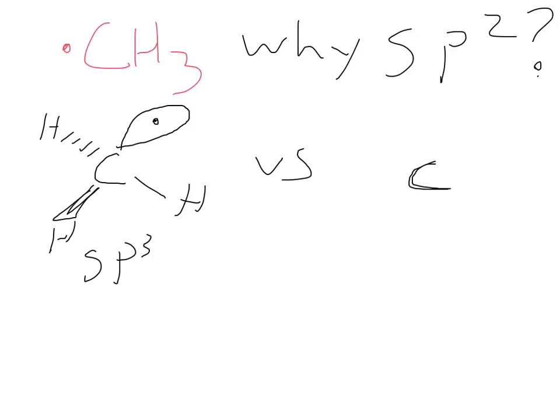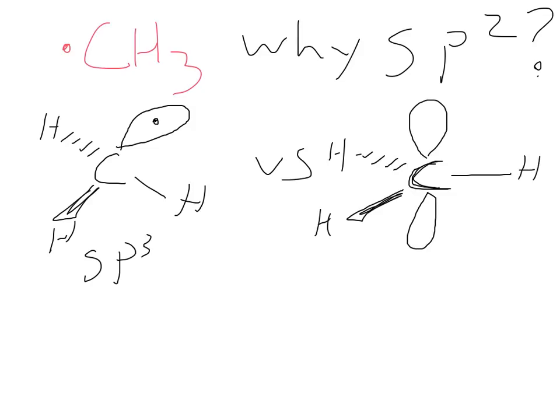So I'm going to draw the carbon here with its orbitals like that. And so the thing to remember is that this is in a plane. So those are all flat. It's kind of hard to see here because it looks like that's kind of a plane too.